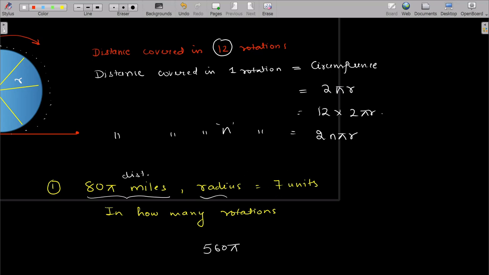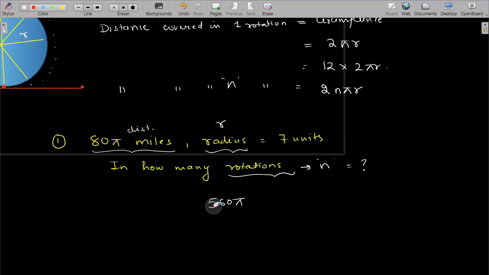Radius is also given to us, that is r. We have to find out the number of rotations. That means we have to find out the value of n. So if you multiply the distance and the radius, do you think that will give us the number of rotations? No. Okay.